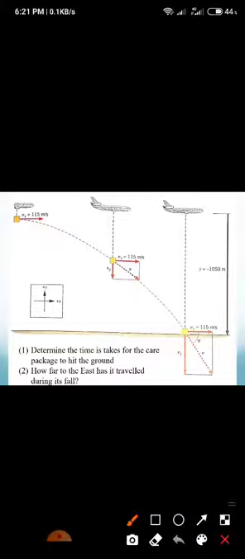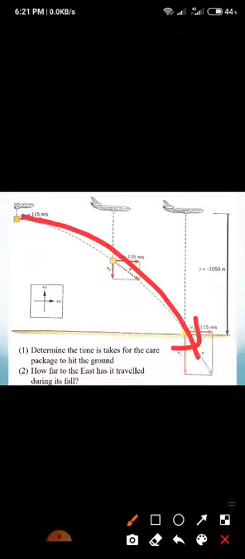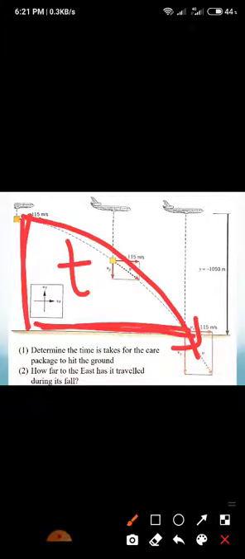So it will fall down just like this path. You have to determine the time needed, the height is given here, and also the horizontal distance.